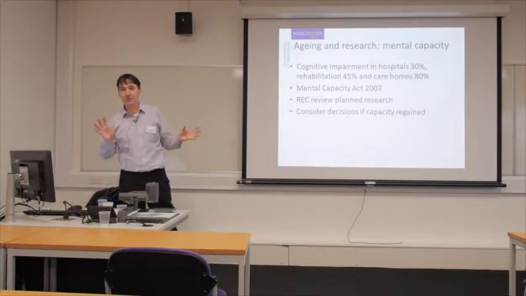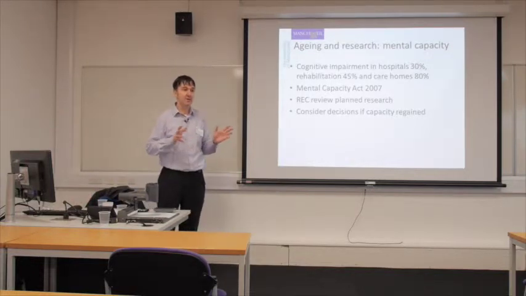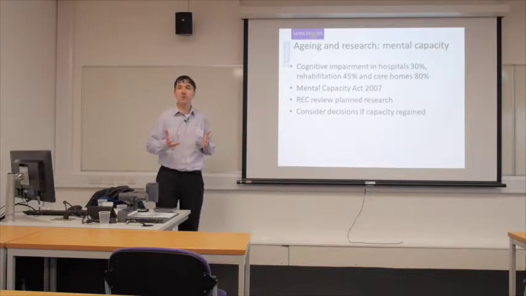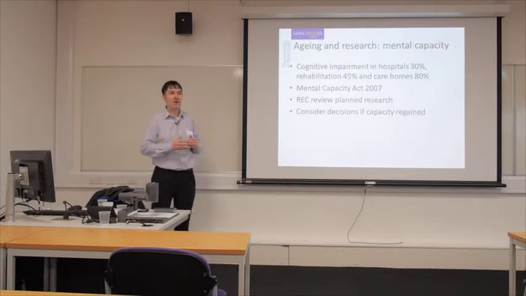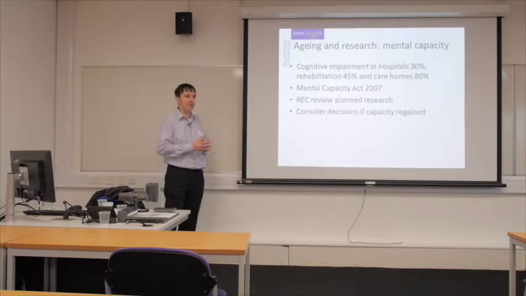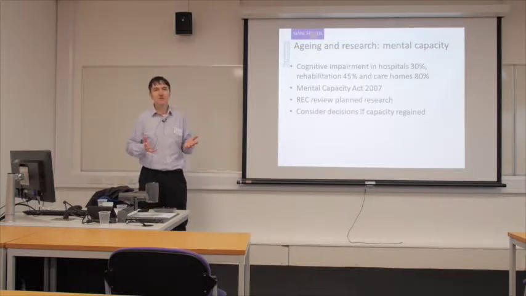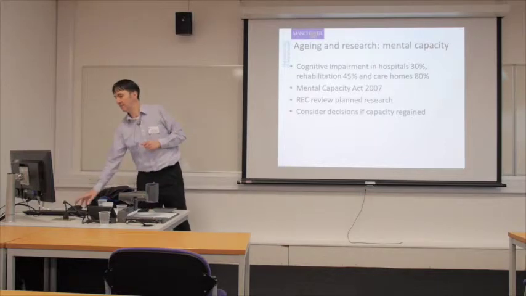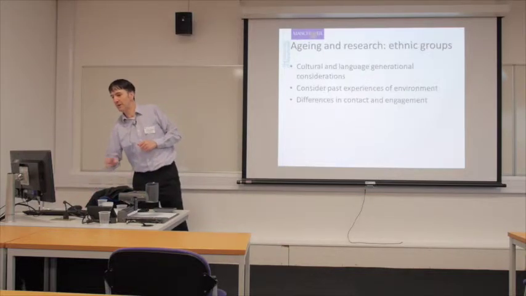And there's this other issue you have to consider sometimes, which is capacity can be transiently lost and not permanently lost. So you can have a confusional state, a delirium, you can be unconscious, you don't have capacity because you can't engage in the decision. But you can regain it, and you've got to have opportunities to allow people to say something about that.